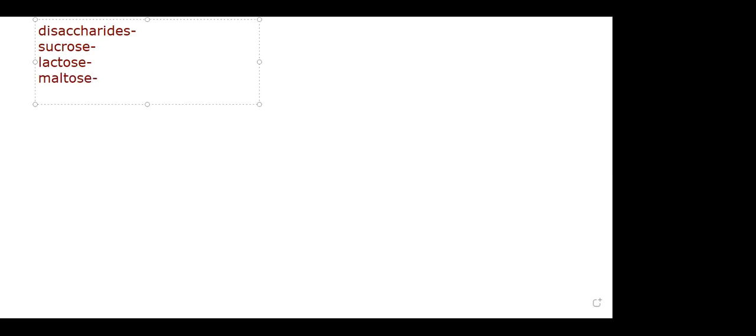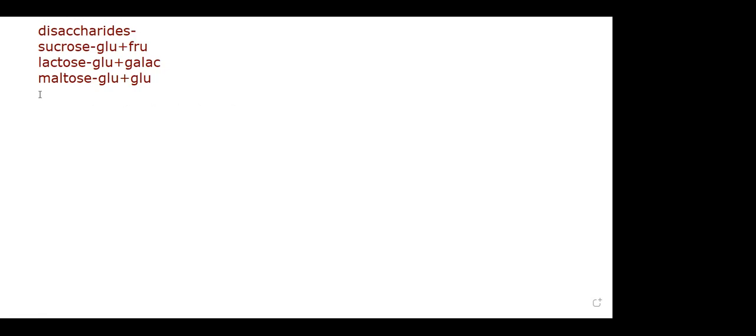Sucrose is made up of 1 glucose and 1 fructose. It is identified in sugarcane as well as in sugar beet. Lactose is glucose and galactose. Maltose is glucose plus glucose. Maltose is the sweetest among naturally occurring sugars.